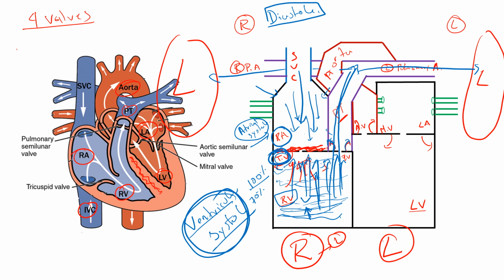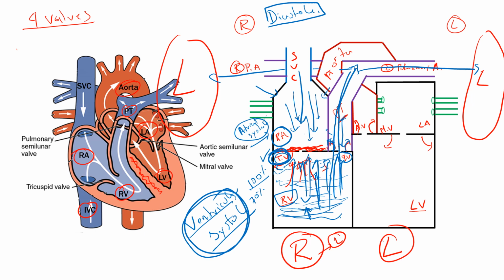So you see what happened here. These two valves in diastole: the tricuspid valve needs to be open to allow blood to go from the right atrium to the ventricle. At the same time, the pulmonic valve needs to be closed to prevent backflow of blood from the pulmonary trunk to the right ventricle.